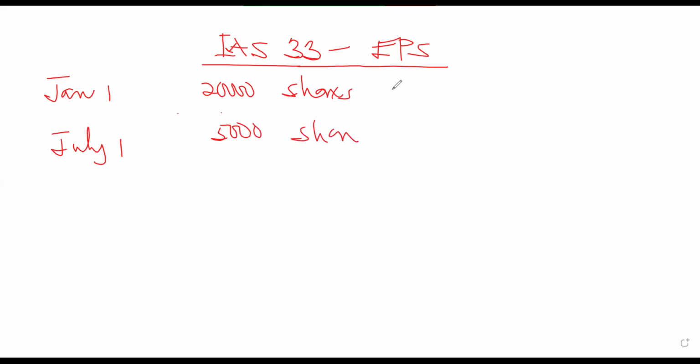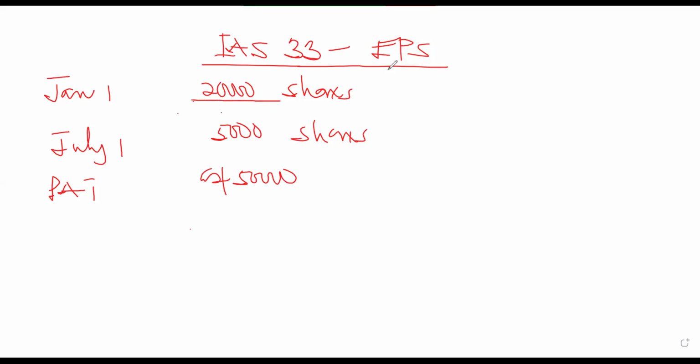So the profit for the year, or the profit attributable to the shareholders, is, let's see, 50,000 Ghana cedis.